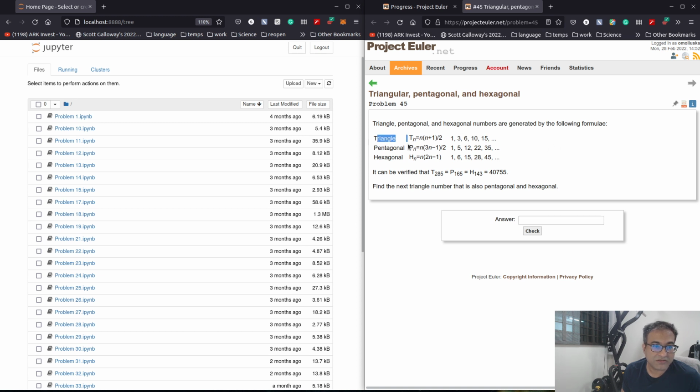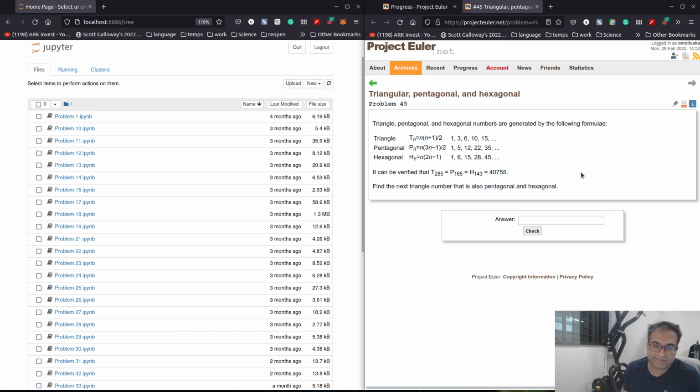There's a triangle number, there's a pentagonal number, there's a hexagonal number, and it can be verified that this triangle number, which has some index, is equal to this pentagonal number, which has this index, and this hexagonal number, which has this index. So we have to find the next triangle number, which obviously has to be greater than 285, that is also a pentagonal number and a hexagonal number.